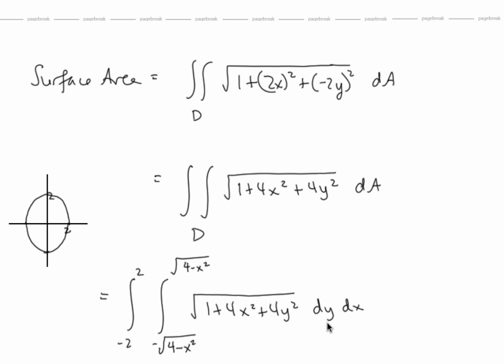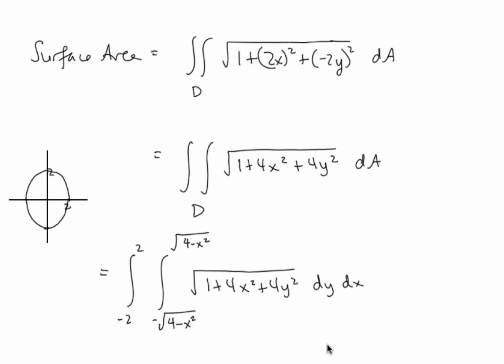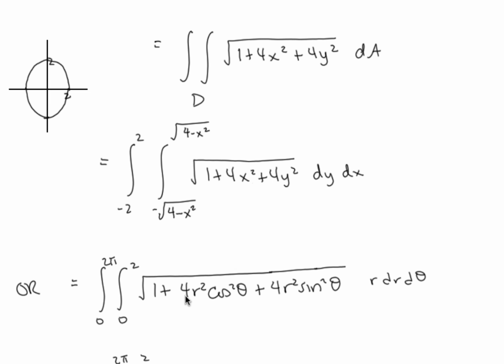So before we give up, let's take a look at this in polar coordinates. In polar coordinates, we have radical 1 plus 4r squared cosine squared theta plus 4r squared sine squared theta, r dr d theta, r going from 0 to 2, theta going from 0 to 2 pi. Now we notice here that we can factor out the 4r squared and get cosine squared theta plus sine squared theta, which is equal to 1.